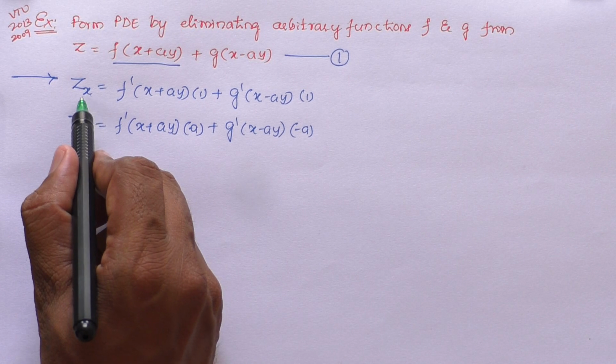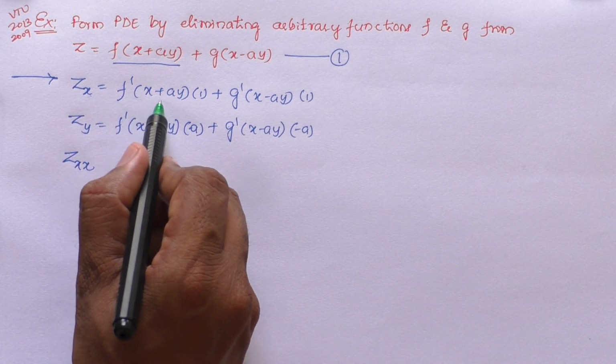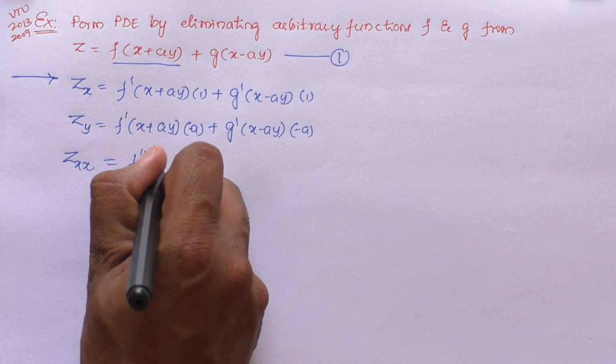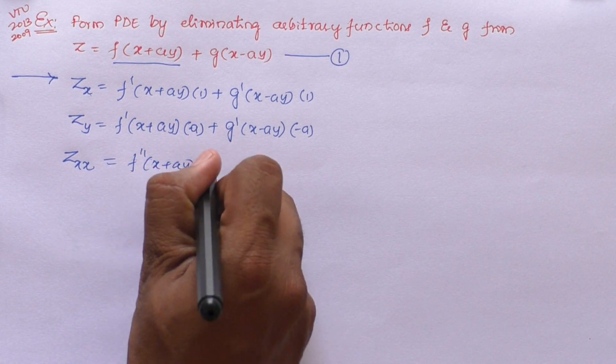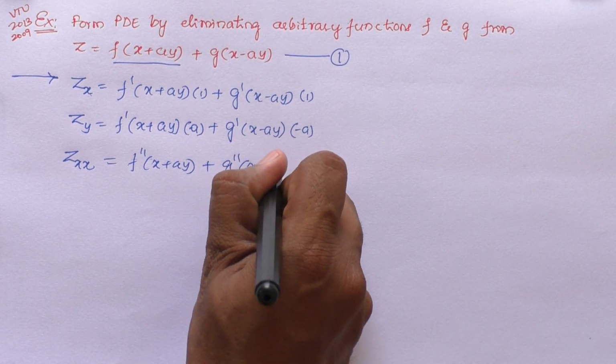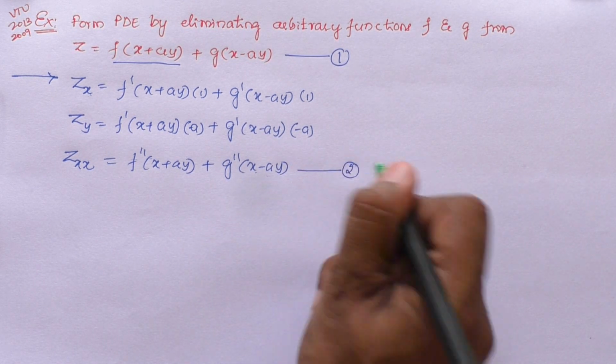zxx means whatever zx is, differentiate it with respect to x. So we get f double dash of x plus ay plus g double dash of x minus ay. Let us take this as equation number 2.